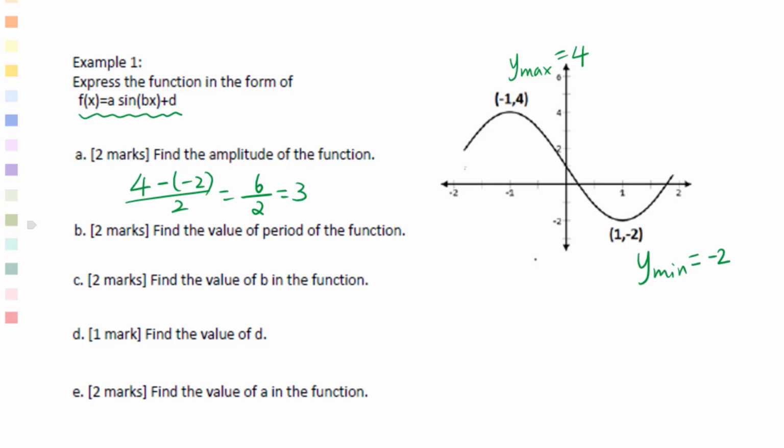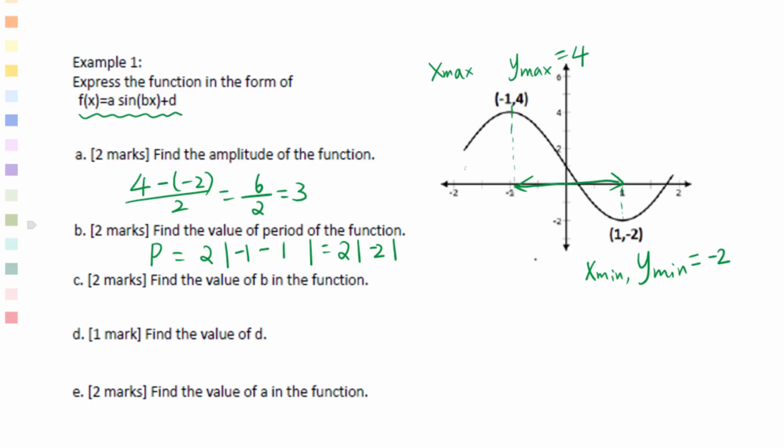Find the value of a period of the function. Double the distance between x maximum and x minimum. It's the period. So period equals 2 times. Distance basically means absolute value. -1 minus 1 equals 2 absolute value of -2.